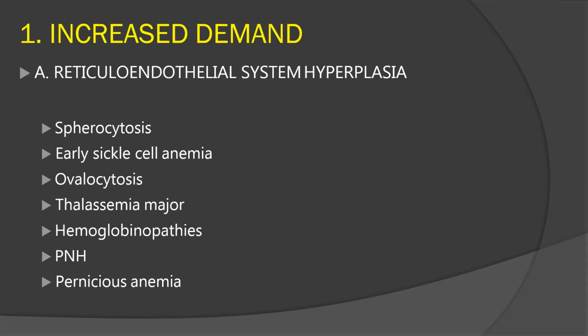Increased demand, that is reticuloendothelial system hyperplasia, is seen in spherocytosis, early sickle cell anemia, ovalocytosis, thalassemia major, hemoglobinopathies, PNH, and pernicious anemia.